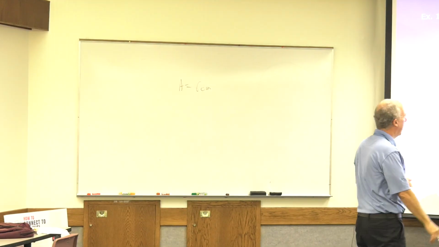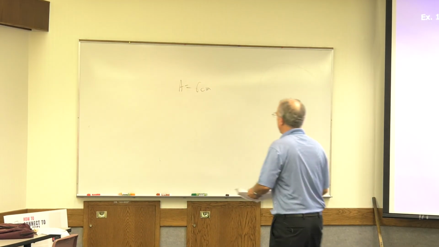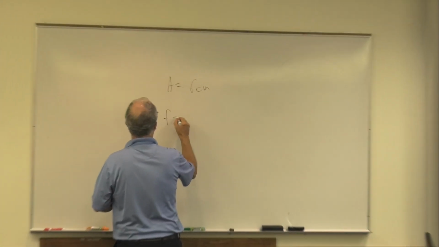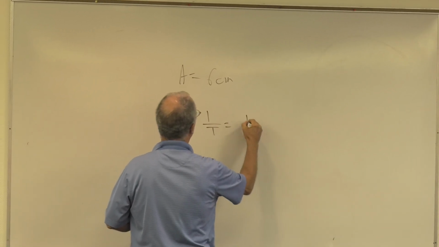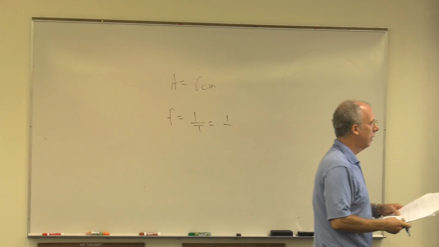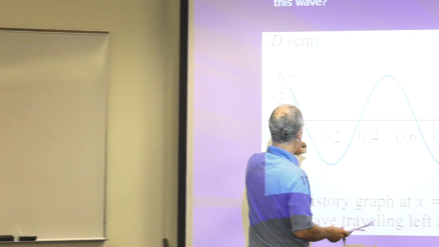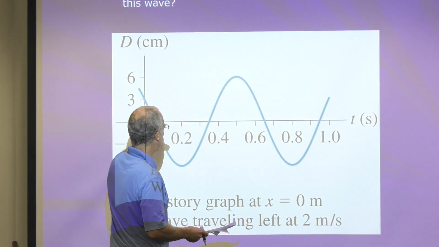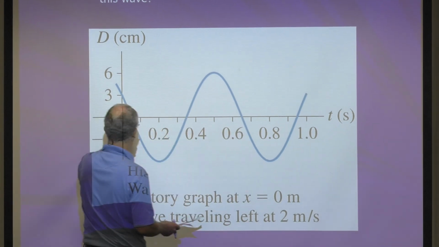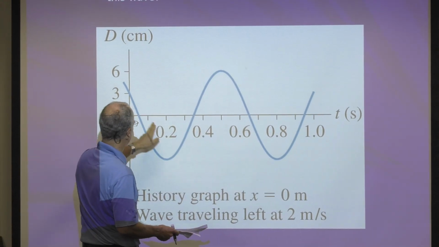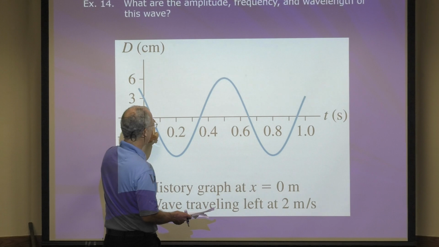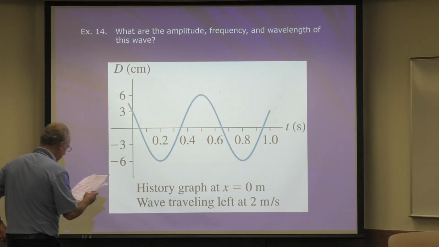Frequency. Well, frequency is 1 over the period, right? What's the period? Like from here to here, right? So it's like 0.6, right?